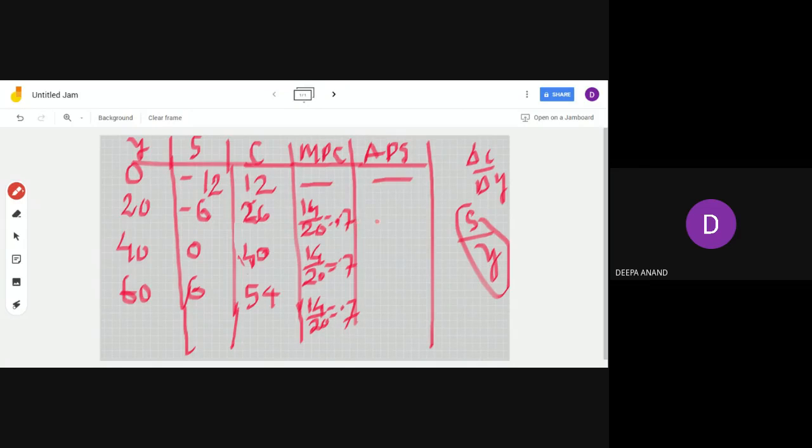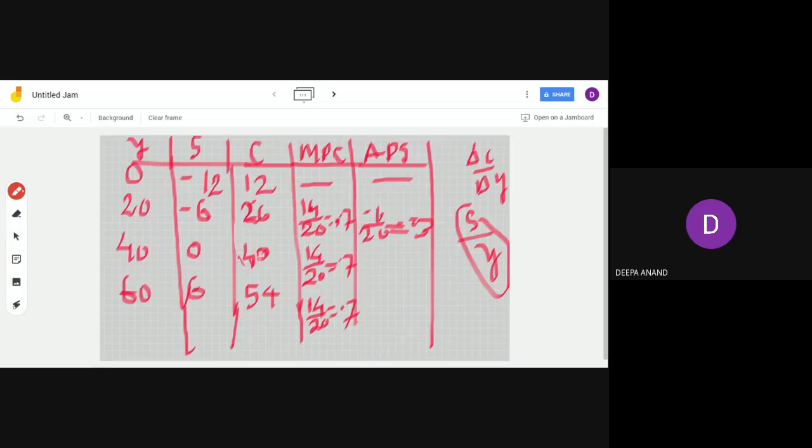And here you do, what is the saving? Minus 6. Minus 6 upon 20. What is minus 6 upon 20? Minus 0.3.